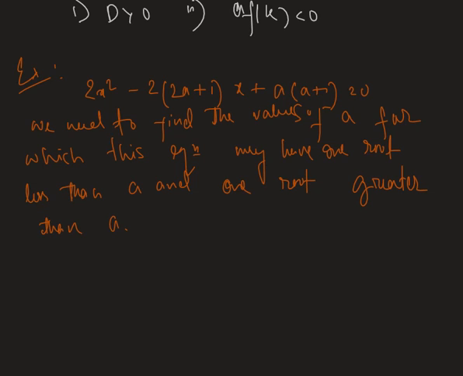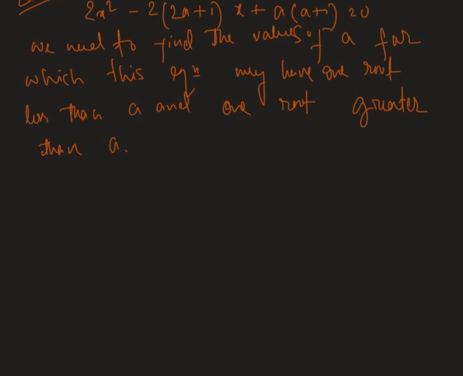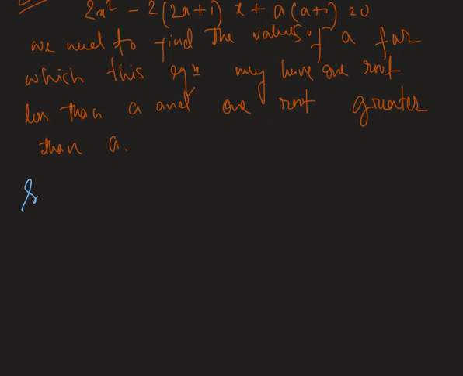Okay, so let's start the solution. Let me take another color. The given condition suggests that a lies between the roots. Let f(x) equal 2x squared minus 2(2a plus 1)x plus a(a plus 1).